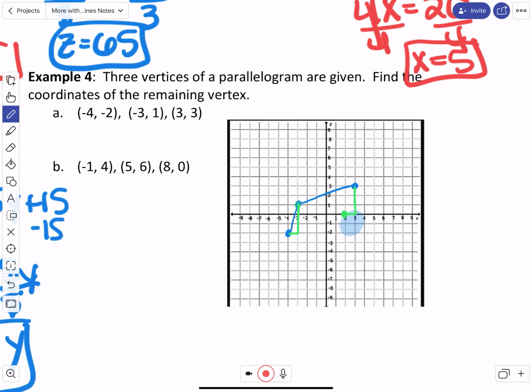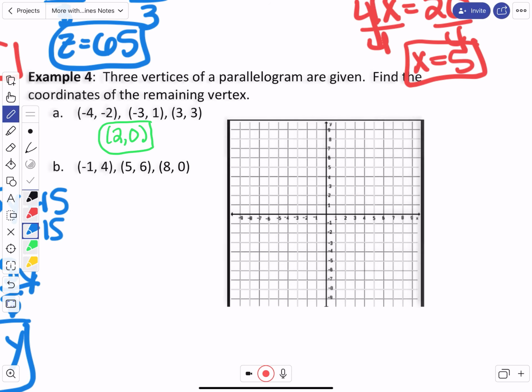And so there are the coordinates of that new point. So the remaining vertex, my coordinates are 2, 0. And so that would be my new point. There it is. And so here's my parallelogram. All right, so I'm going to erase that so we can do the next one.